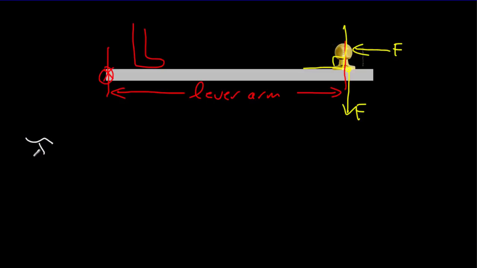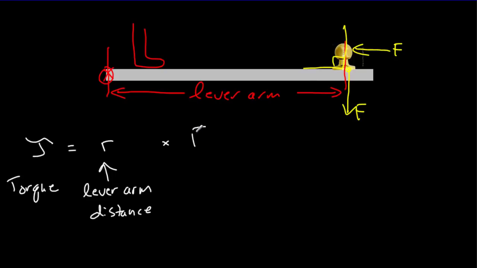So we usually use a capital Greek letter tau for torque. And it's going to equal R, which is simply the lever arm distance, times the force, but we don't get to keep all the force. Only the component of the force that's perpendicular to the door surface is going to produce torque. So, for example, let's say that we produce a force like so, and there's an angle theta here between the door's surface and the force.